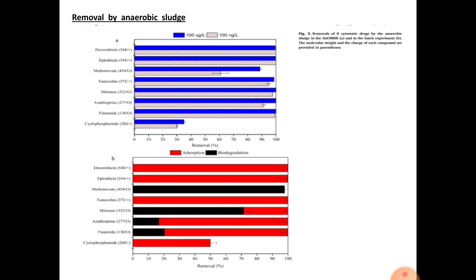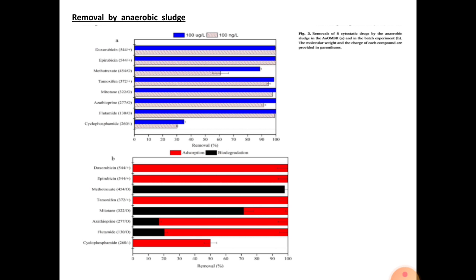But regardless of the dosage level, more than 90% of some of the compounds like doxorubicin and epirubicin were removed by anaerobic sludge.